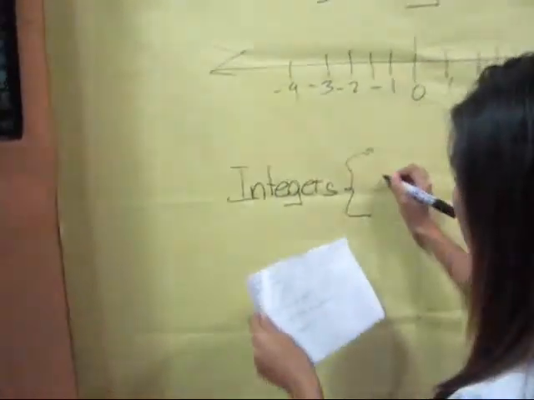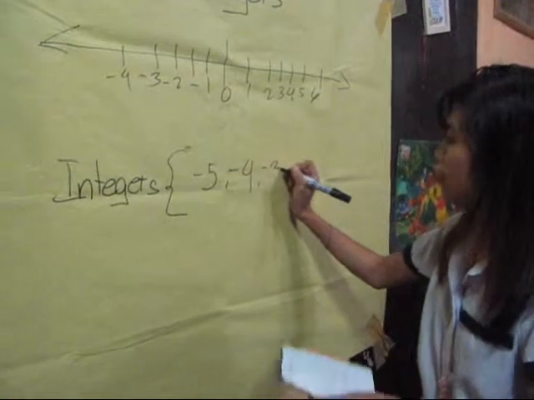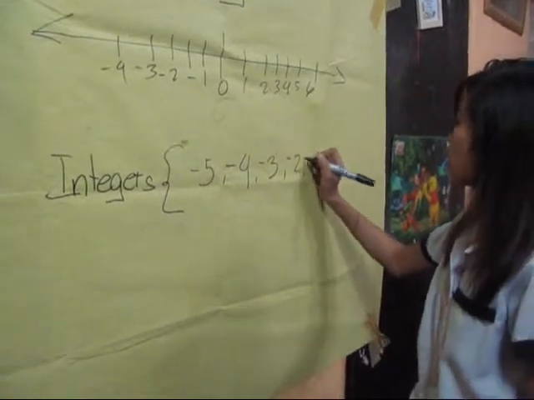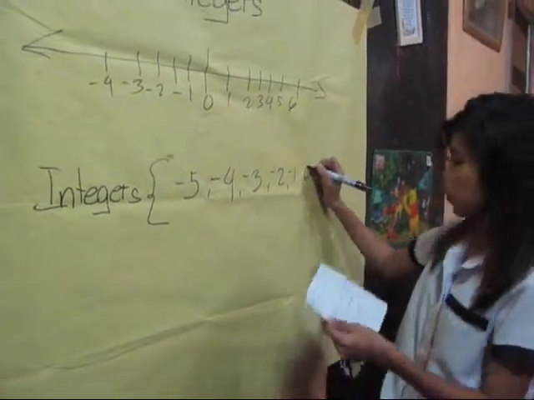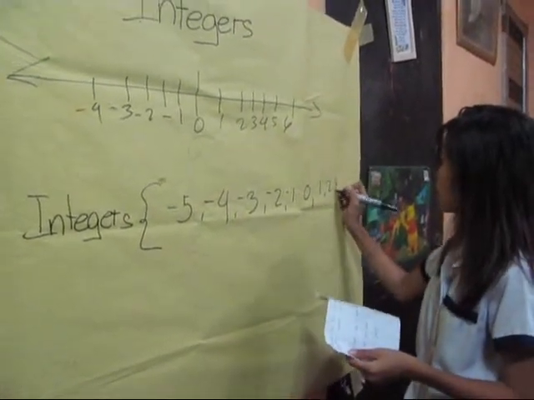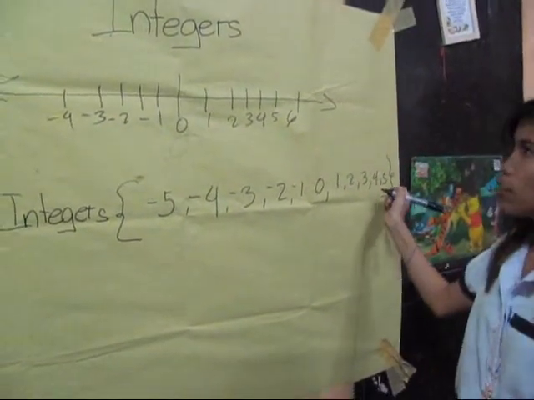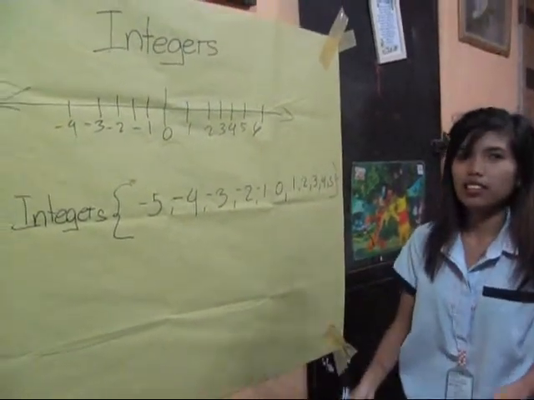Bracket, negative 5, negative 4, negative 3, negative 2, negative 1, 0, and 1, 2, 3, 4, 5, bracket. So, that's integers.